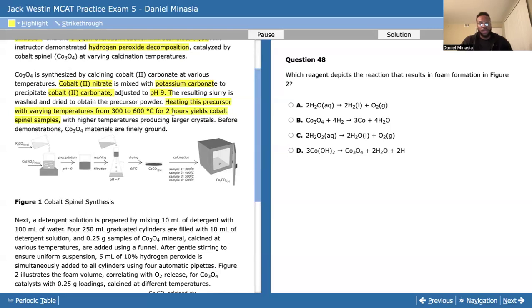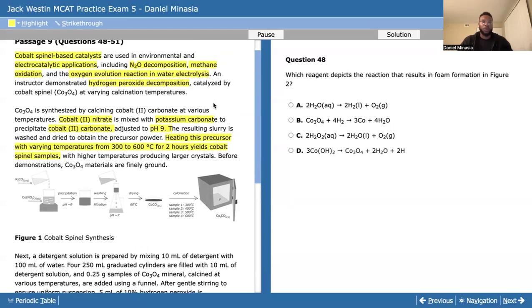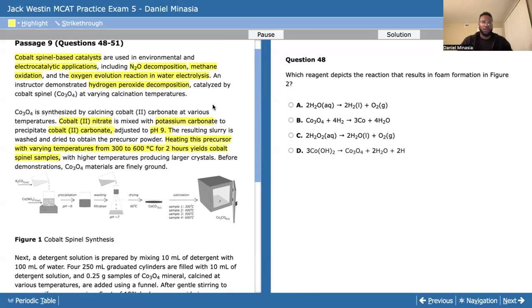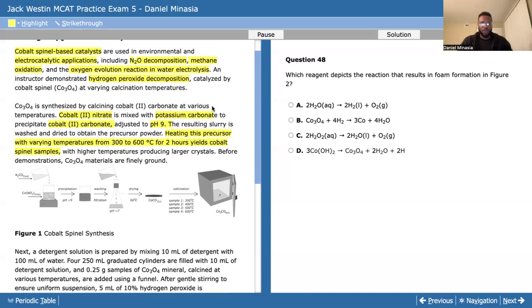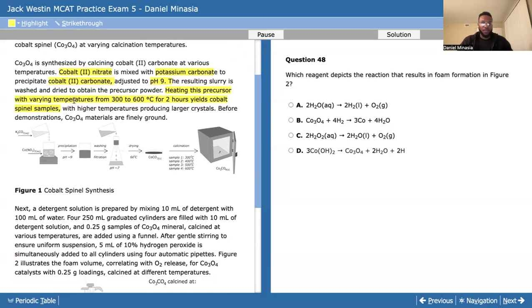So sometimes you highlight less, and some passages might require you to highlight more. Just go based off of your knowledge, trust your instincts, and if something seems important, highlight it. Okay. At higher temperatures, producing larger crystals. Before demonstrations, this cobalt spinel material is finely ground.